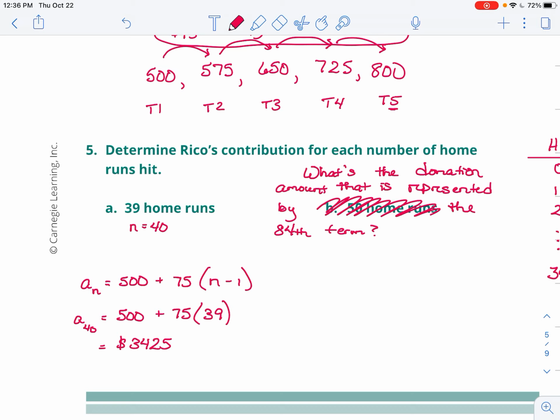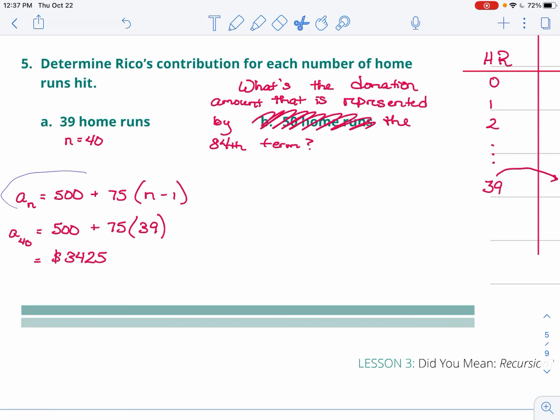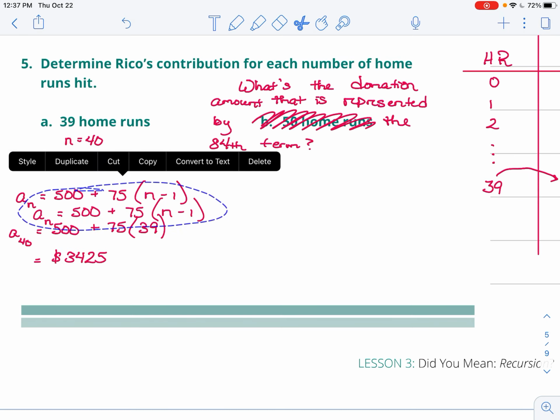So basically, if you just kept extending this sequence out, when you eventually got to the 84th term, what would you have? Where would you be? And again, I don't really feel like going out 84 numbers, so I'm going to use the formula that I just created.